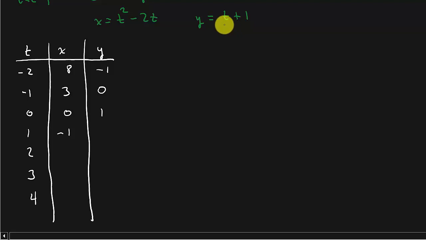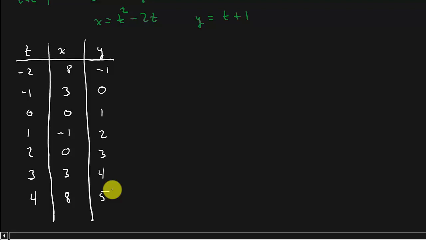Plug the 1 in. That's going to give us 2. And then we take the 2, plug it in for t here. That's going to give us 0. And then we plug the 2 in here. That's going to give us 3. And then we plug the 3 in. That's going to give us 3. Plug the 3 in here. That'll give us 4. And then we plug the 4 in. That'll give us 8. And 4 plus 1 is 5.